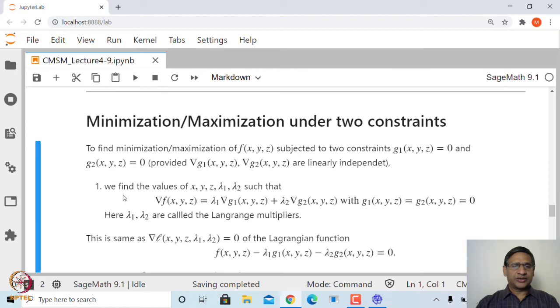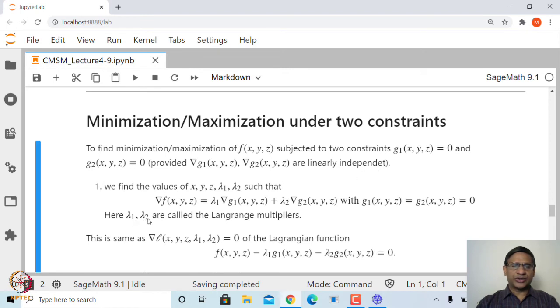Of course, the first step is: if (x, y, z) is a point at which the minimum or maximum value occurs, then one can show that there exist 2 real numbers lambda 1 and lambda 2 such that grad f at (x, y, z) is equal to lambda 1 times grad g1 at (x, y, z) plus lambda 2 times grad g2 at (x, y, z), and of course, g1 and g2 should be equal to 0. That is the constraint, right.